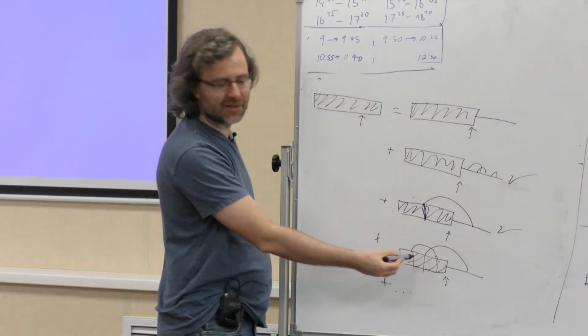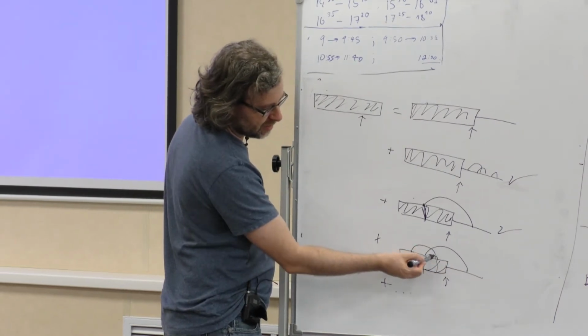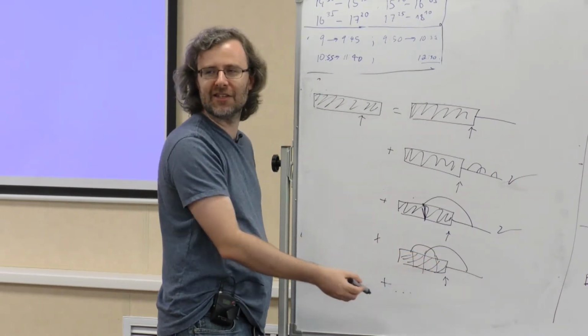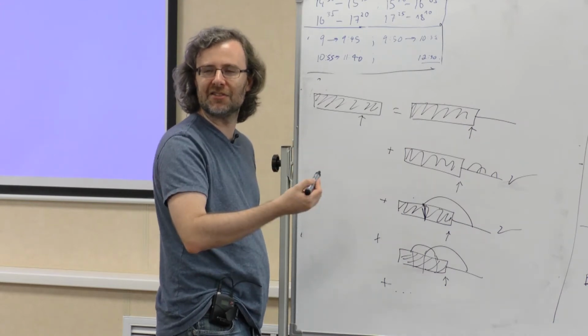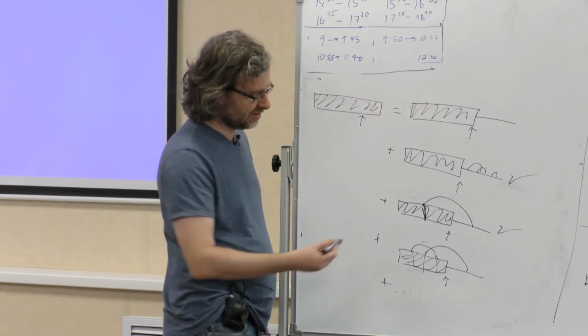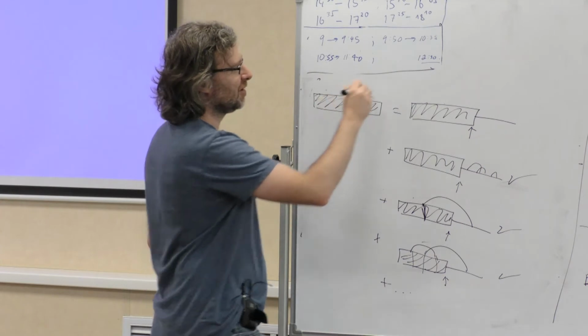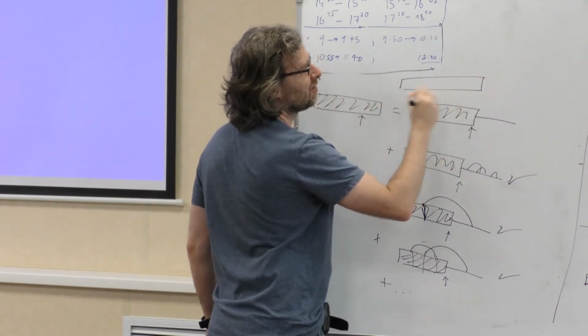Here I have two hybridization lines. One of them has an endpoint to the right of the arrow, one of them doesn't, but these two are connected by crossing. Okay, so they're in a cluster of connected diagrams. So this is also fine. Okay, so let's do an exercise.